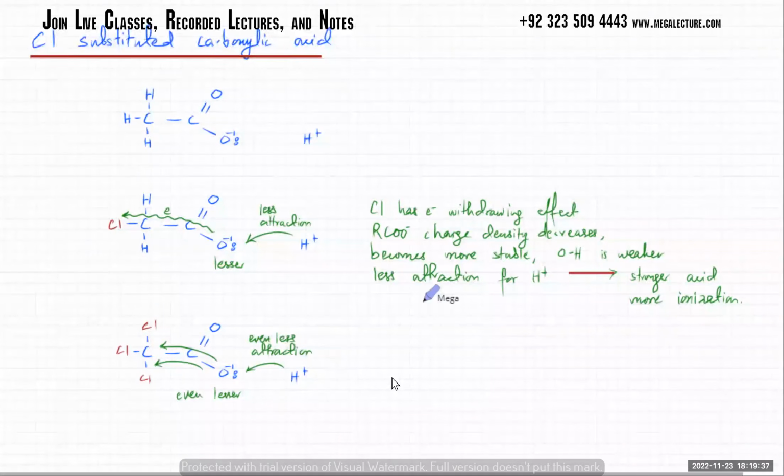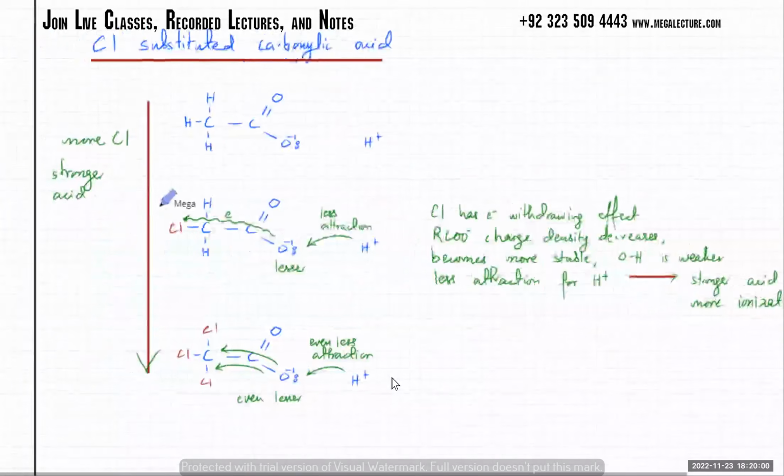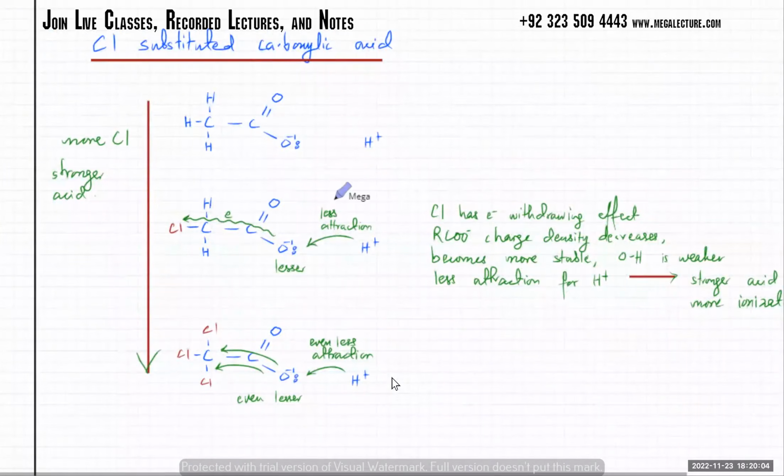So for the acid strength, more Cls, you've got a stronger acid. You can summarize this as: more Cls, and that is resulting in a stronger acid, producing a much stronger acid, okay? Anyway, that's this.